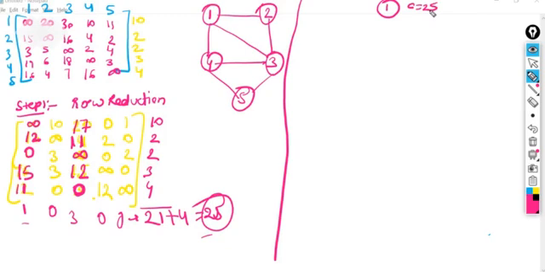So it may be possible that finally, whatever you get as the minimized cost of travel to cover all the nodes, it can be 25 or around 25. So it's an approximate value in order to get the optimized or minimized cost at the last. So we are assuming it could be 25.